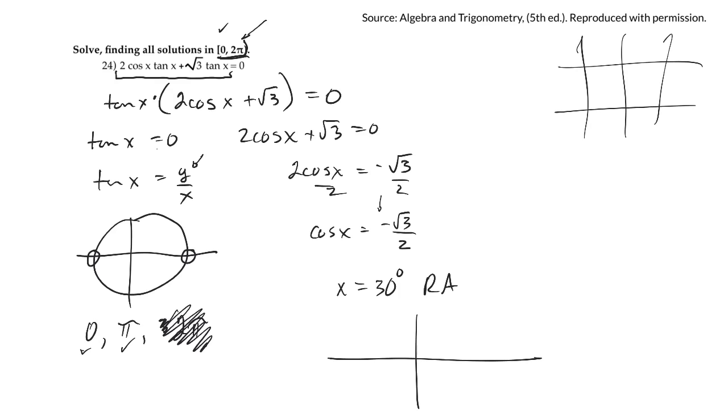But now once I have the reference angle, that it's 30 degrees, it could be 30 degrees off this x-axis, 30 off that x-axis, 30 off this one, or 30 off this one. But now I go back to this negative and say, well, where is cosine negative? And cosine is negative in these two quadrants here.